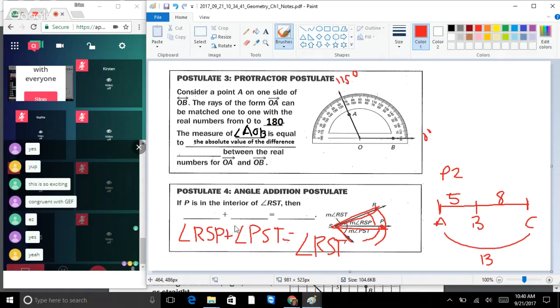So now, whenever you're doing your homework, we have postulate 4. If you need to add two angles together that are part of a larger angle, you're allowed to do that based off of postulate 4. So this is the fill-in for that. That makes sense.